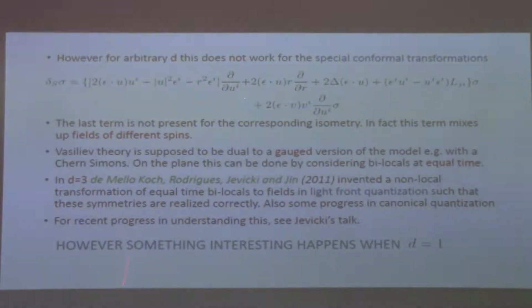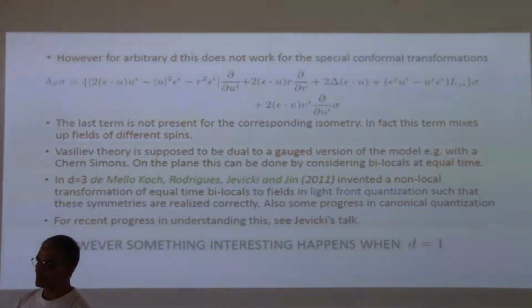This may not be the right way of doing things, but on the plane this can be done by considering bilocals at equal time. In fact, for d equal to 3, Robert and Joao and Antal and Jin invented very cleverly a non-local transformation on the fields, as functions of this u and v, of these bilocals, to fields in the light front quantization, which would be the correct higher spin fields in AdS space.